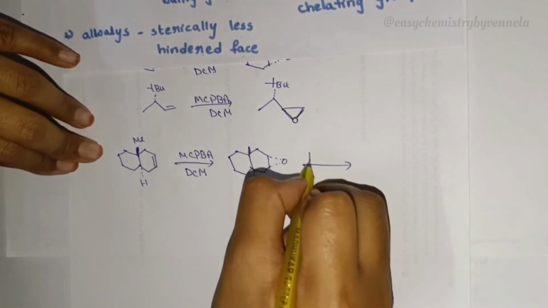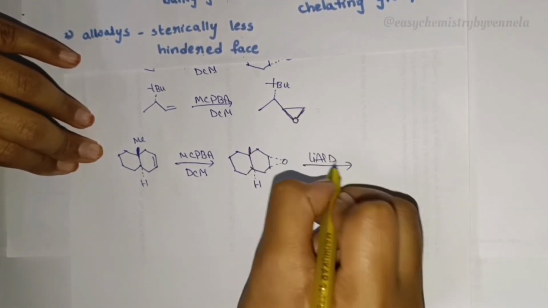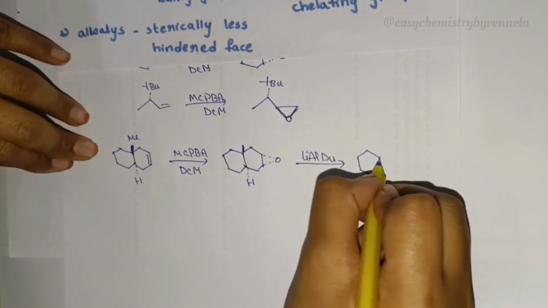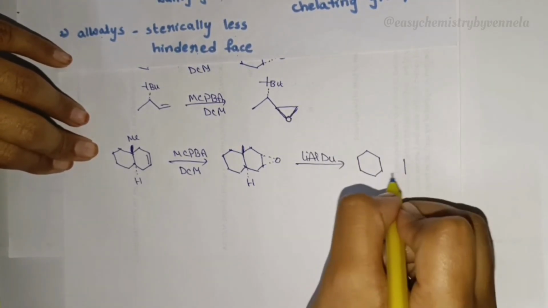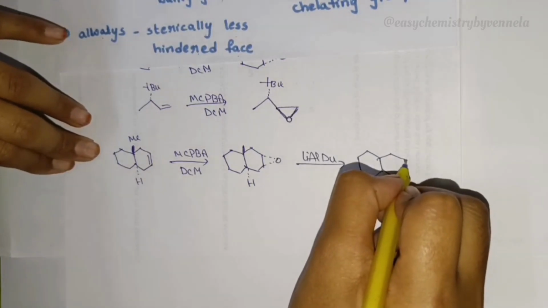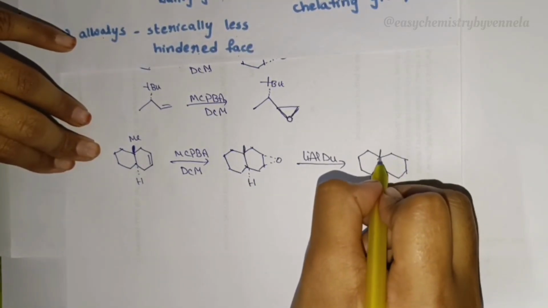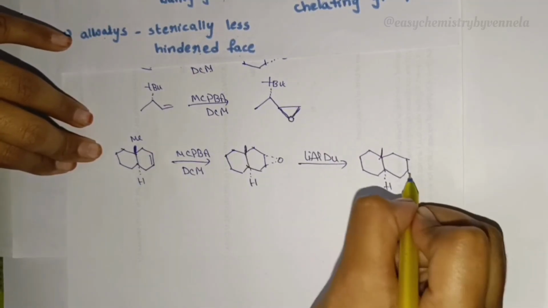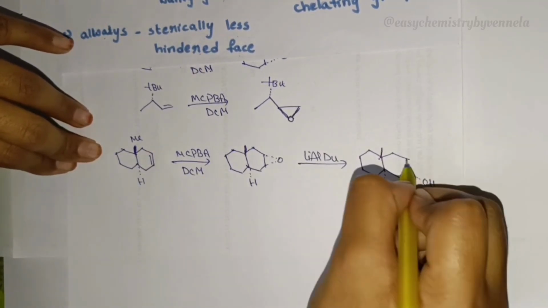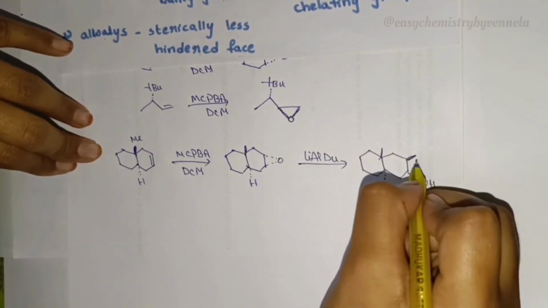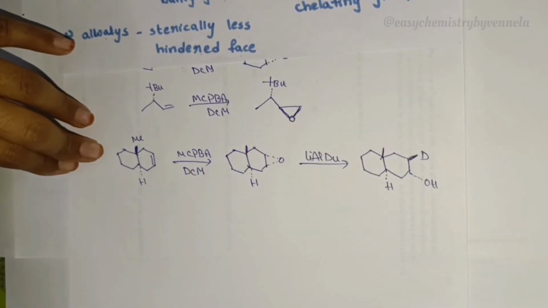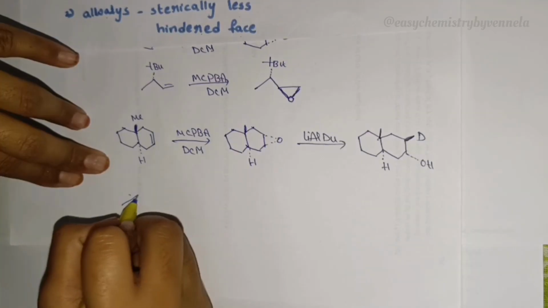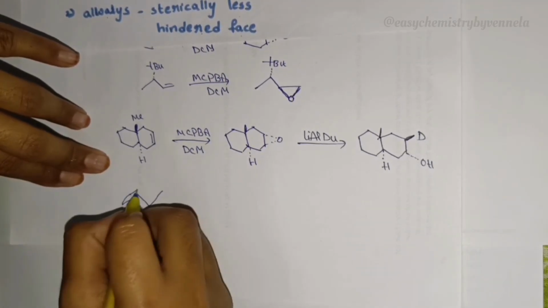Then it will react with LiAlD4. So the product is like this. It is above the plane. How can we write this? Then you can write benzene like this.